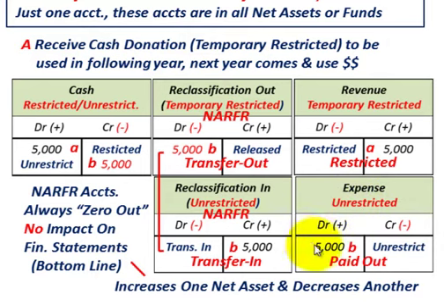So then we would debit our expenses for $5,000, the unrestricted cash that we spent. And that was by making our reclassification out from the temporarily restricted to the reclassification in for the unrestricted amount.